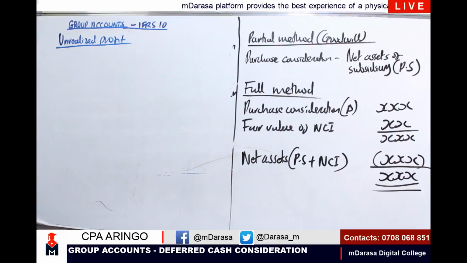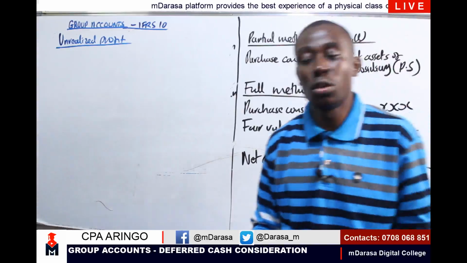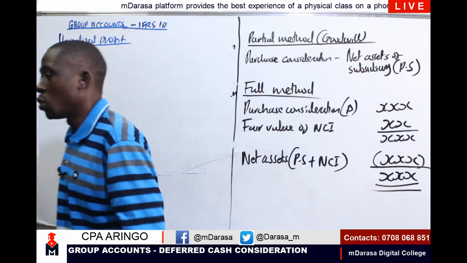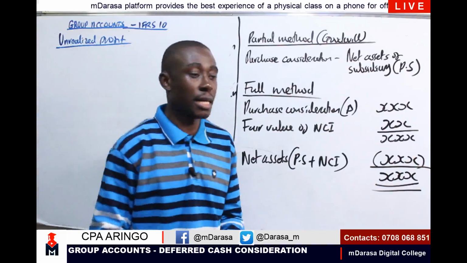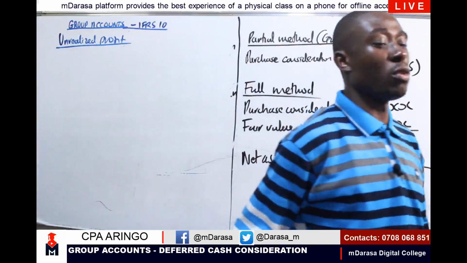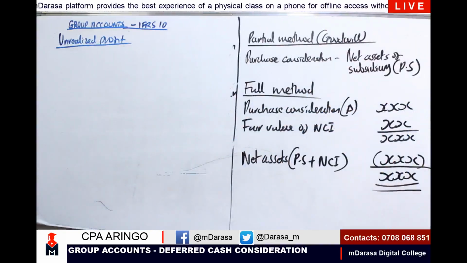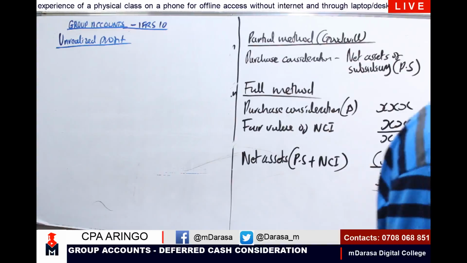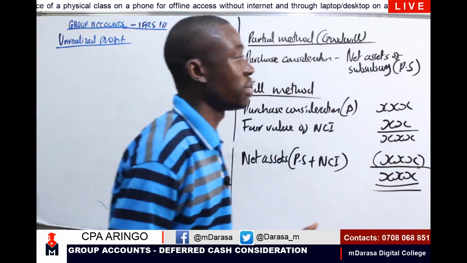Probably I had sold it at a profit, so this profit is what I'll be terming UPS. In a very simple definition, unrealized profit arises when goods sold to a group member remain unsold at the end of the financial period.